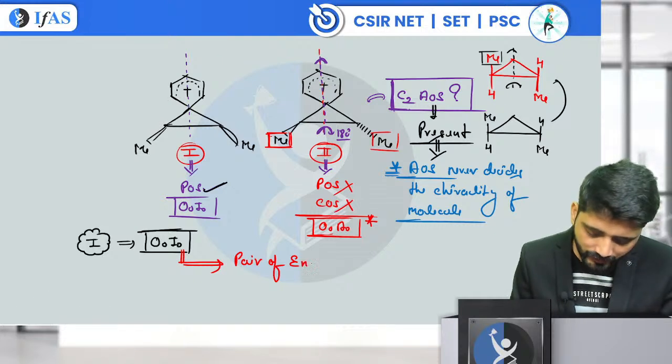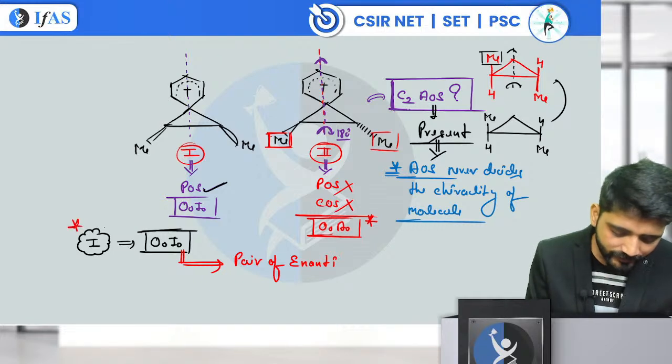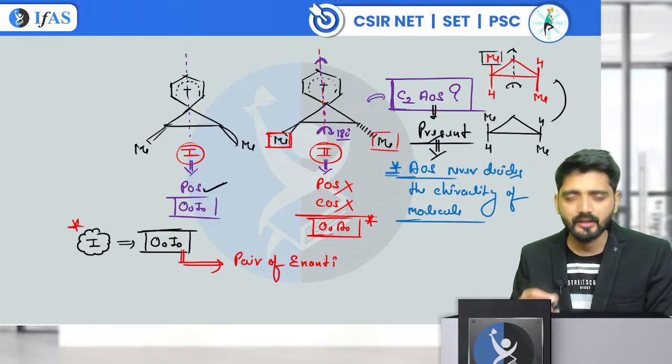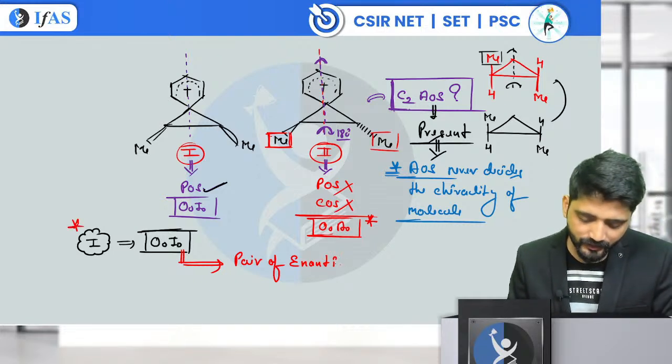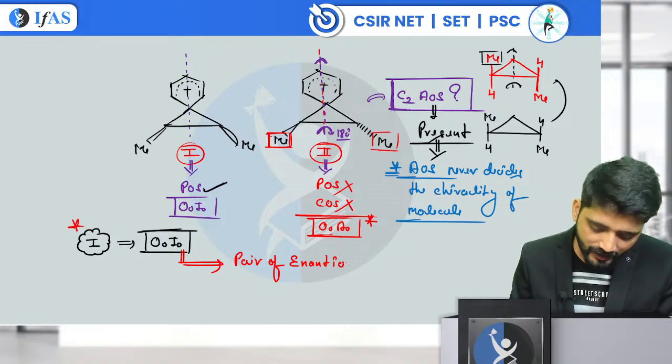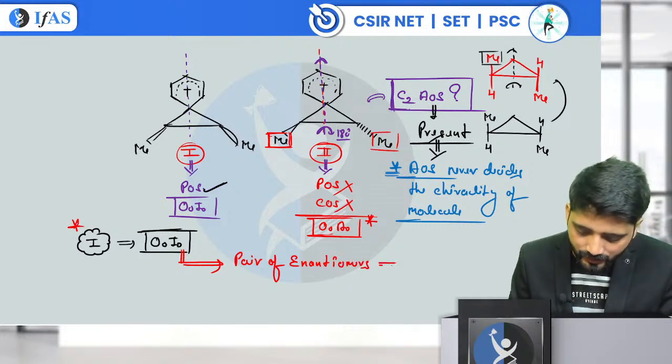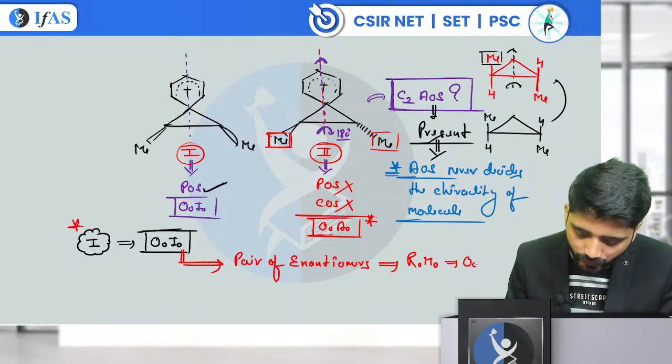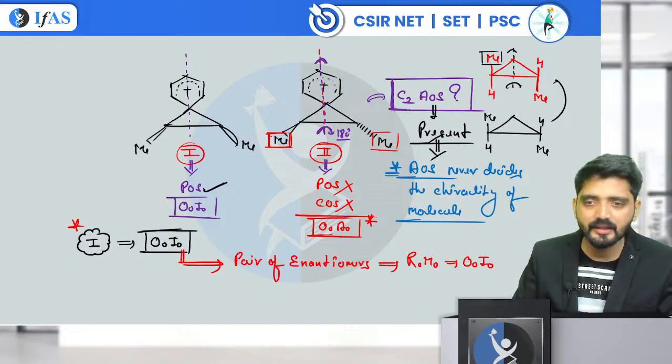Will this follow in each and every case? Yes, in every case. If the intermediate is optically inactive, the products formed will have a relationship of enantiomers. And enantiomers always form a racemic mixture and the final solution is going to be optically inactive, all in one go.